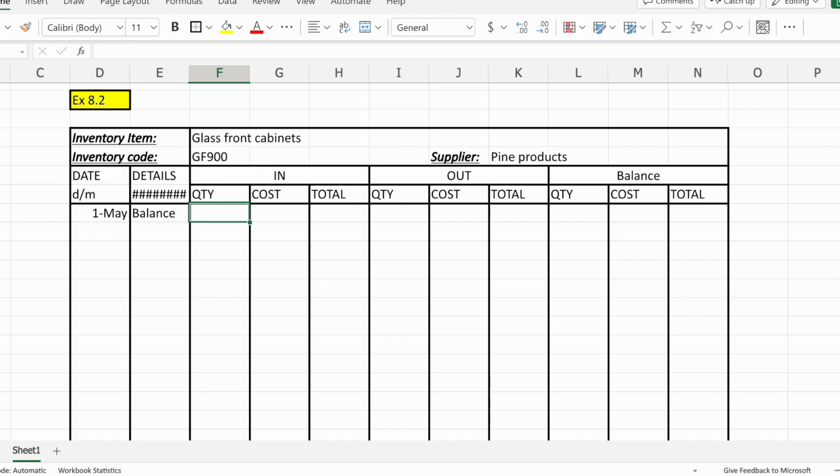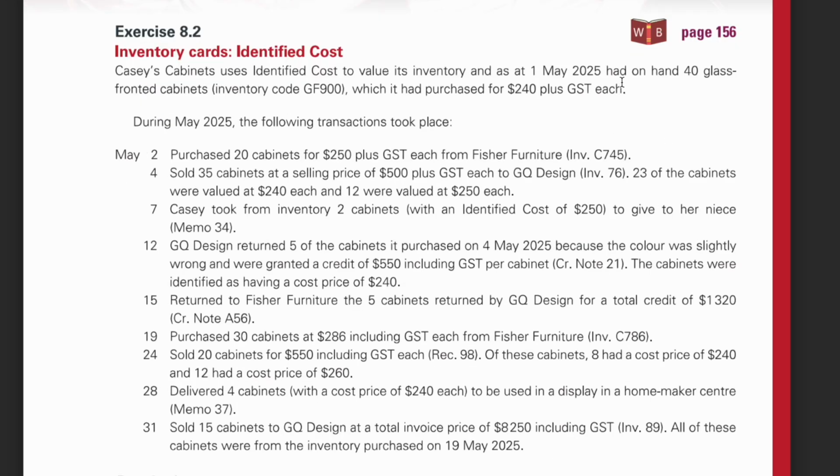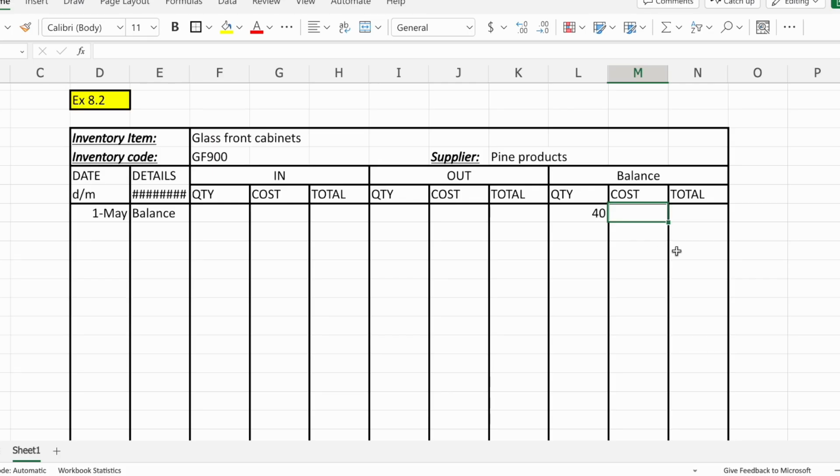Since it's the balance, there's 40 glass-fronted cabinets, which cost $240 each. Then we total this: 9,600.